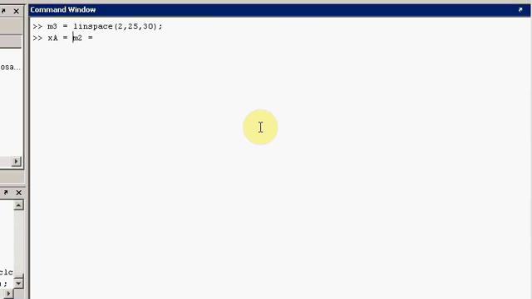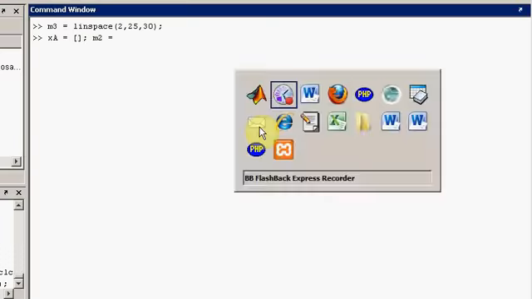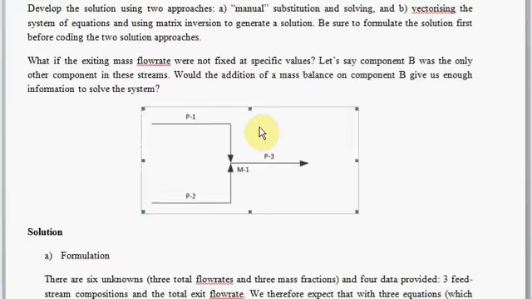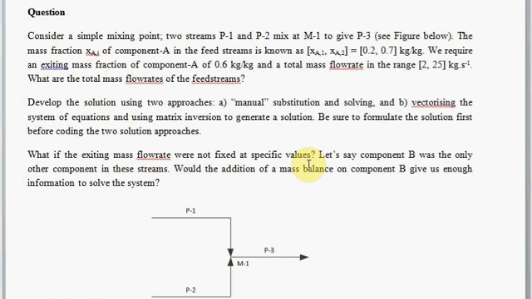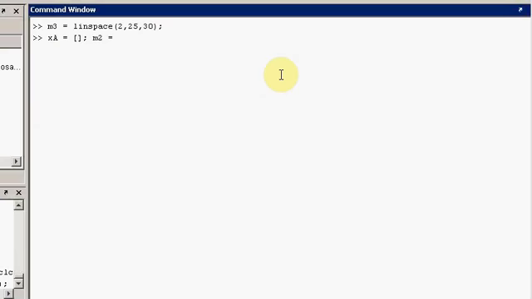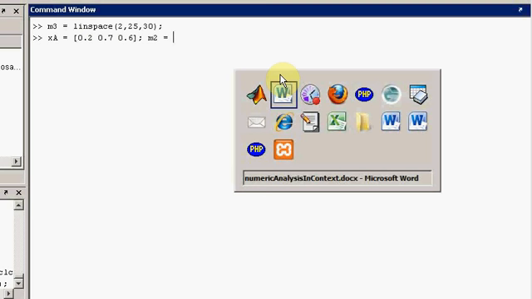Let's do it as a vector. So let's create XA being equal to, and if we look at the original problem statement, in the first stream the mass fraction is 0.2, we have 0.7 here and 0.6 for the last stream. So that's our vector value, 0.2, 0.7 and 0.6.